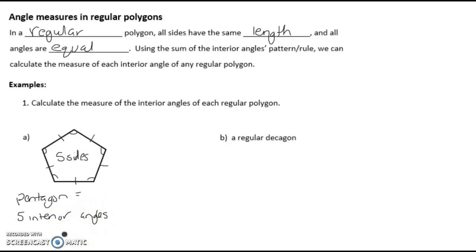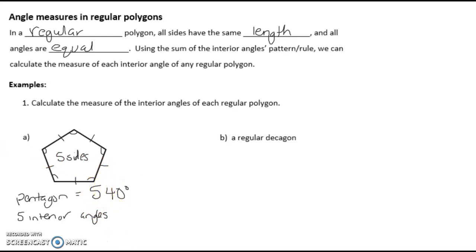So to figure out the interior angles, remember before, if we were to draw, we would end up with 1, 2, 3 triangles. So 180 times 3 gives us 540 degrees.